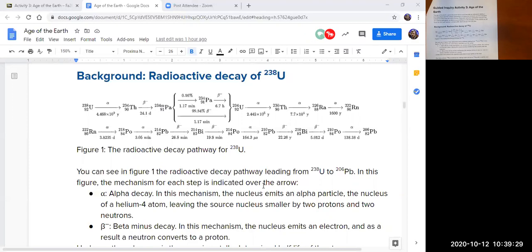The only place that you really use this information over the course of this particular activity is when we are looking at how we measure this lifetime of being 4.4 billion years. And the comment that is made in the activity is that what we are doing is measuring the appearance of alpha particles.